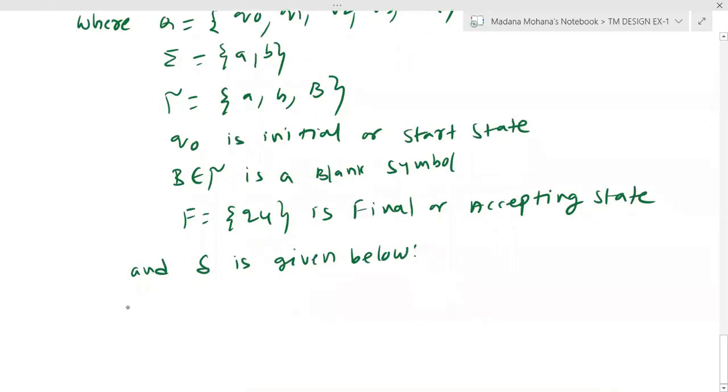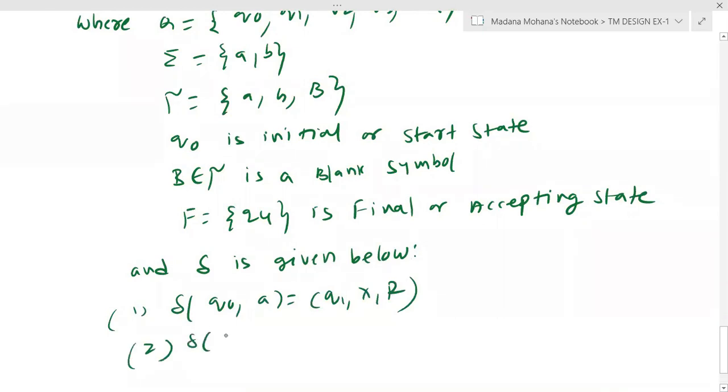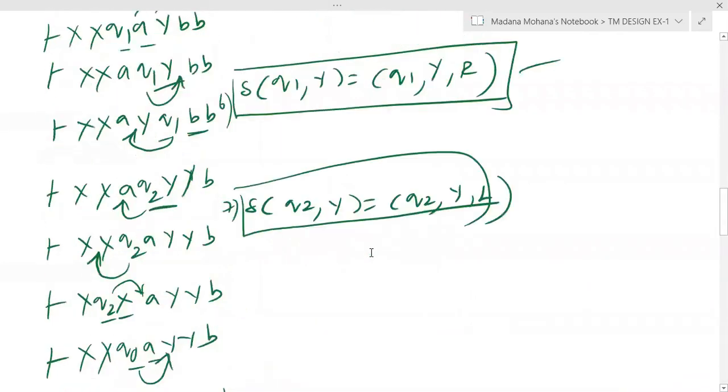What did we obtain? The first transition is delta of Q naught on A equals Q1 X comma R. The second transition is delta of Q1 on A equals Q1 A R. Then what is the third transition?